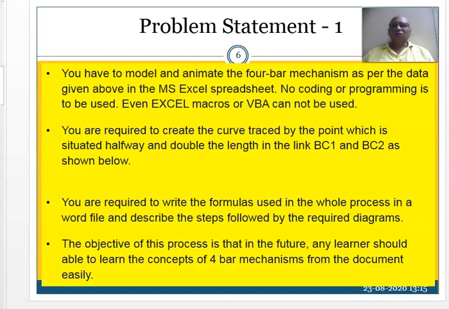You are required to create the curve traced by the point which is situated halfway and double the length of the link BC1 or BC2 as shown above, and you are required to write the formulas used in the whole process in a Word file and describe the steps followed by the required diagrams. The objective of this process is that in the future any learner should be able to learn the concept of the 4-bar mechanism from the document easily.